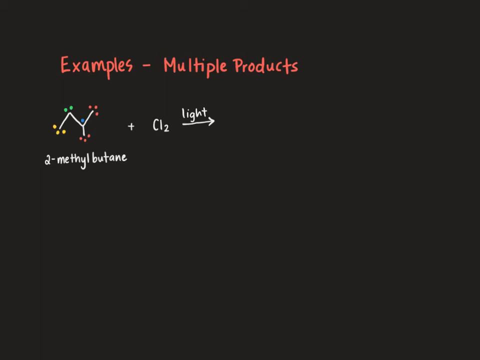So if I swap out one of the yellow hydrogens, my chlorine will go on the end of my molecule. So I'll still have my butane with my methyl. And I would have, and I'm going to write this in yellow so it corresponds, 1-chloro-3-methylbutane.